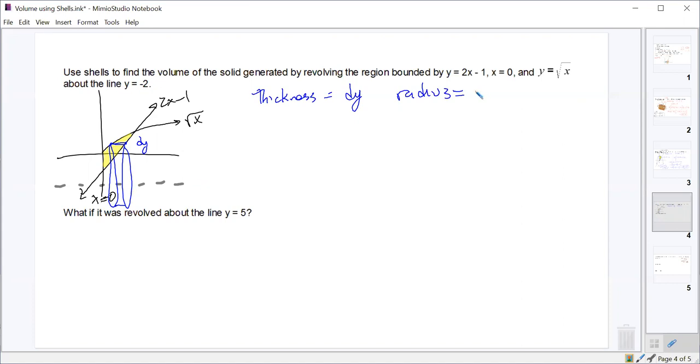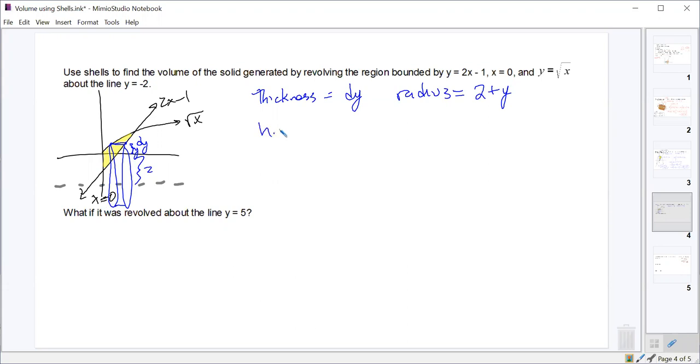Two. Yep, should be 2 because we are at y equals -2. So 2 plus y is our radius. And for a y value that's negative, like -0.5, we'd have 2 plus -0.5, which would be 1.5. And so we'd have that radius that is less than 2, and it would still work out.